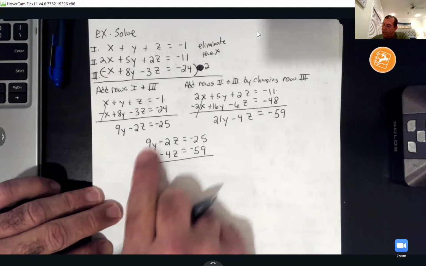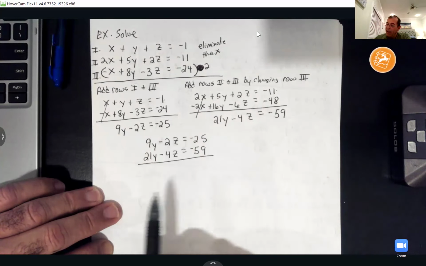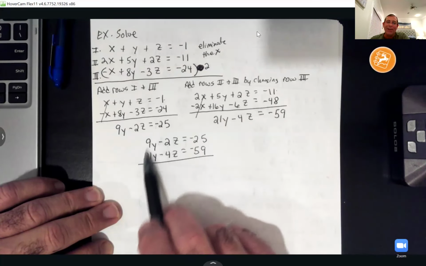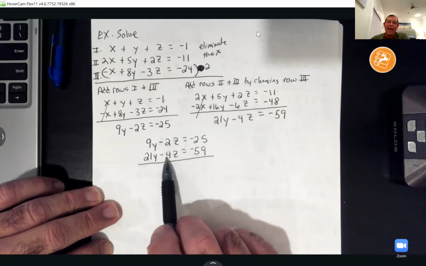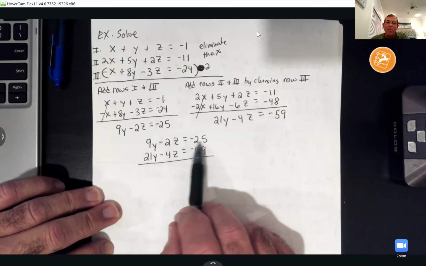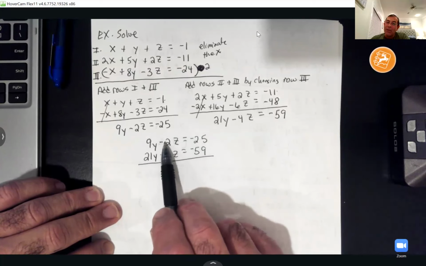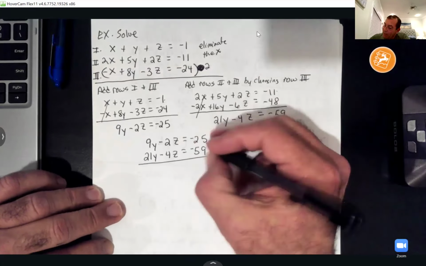All right, y'all. So I'm looking at these to eliminate one of these variables. And don't pick the y's because the y's got a 9 and a 21. Whoo, that'd be hard to eliminate. I got a -4 and a -2. If I multiply this whole row by a -2, that -2 times -2 will make that a +4z, which will then cancel.